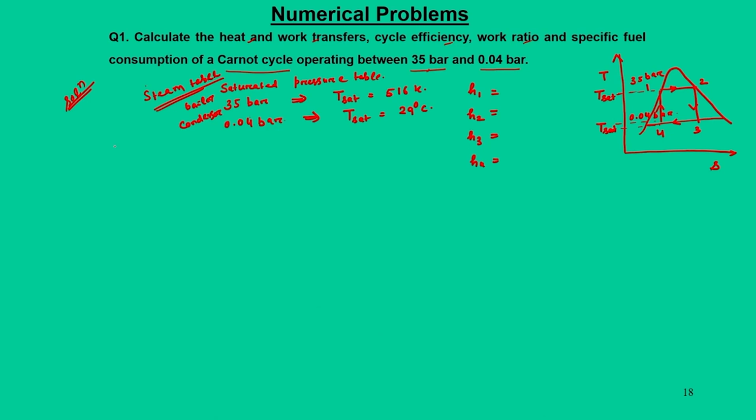At 35 bar, again referring to the saturated pressure table, H1 is 1049.8 kilojoule per kg, which is the saturated liquid region, and H2 is the saturated vapor region. That number is 2803.4 kilojoule per kg, that is nothing but your Hg.